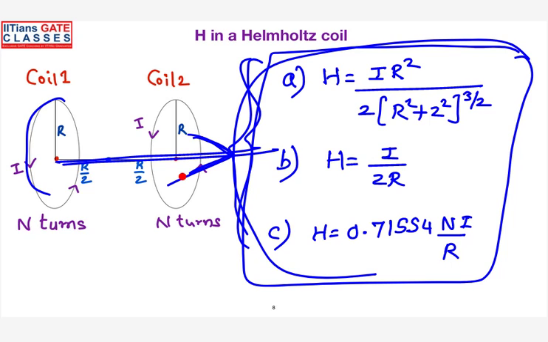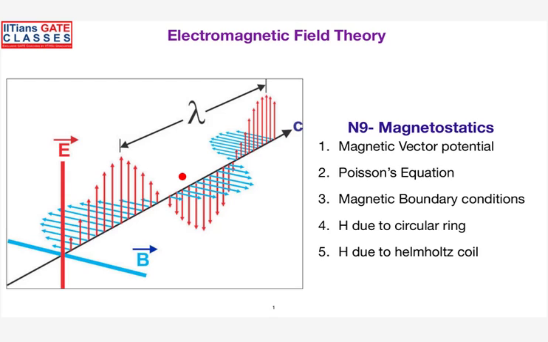Okay. So we'll solve some problems related to the concepts we have discussed today. We have seen the magnetic field, vector potential, Poisson's equation, boundary conditions, and the magnetic field intensity due to different geometries.